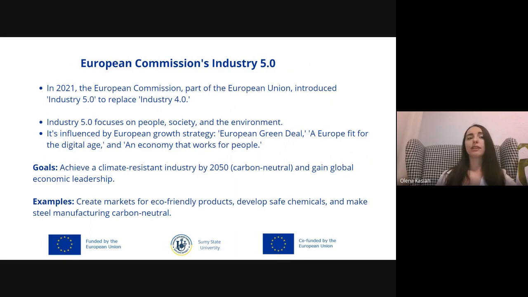As an example, it aims to create new markets for recycle-oriented products that are not susceptible to climate change, such as the development of safe, sustainable chemical substances, and steel manufacturing that realizes carbon neutrality, etc.